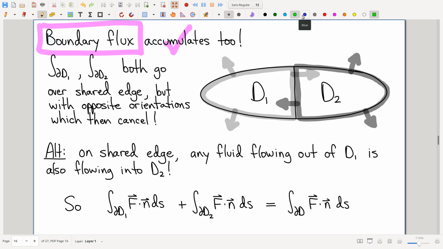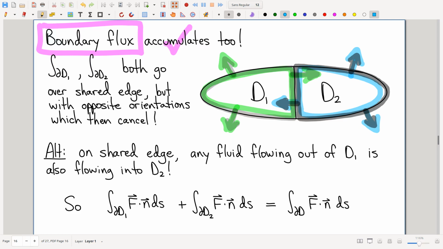So in particular, if I were to look at the outward oriented boundary flux of D1 here, and if I were to look at the, again, outward oriented boundary flux on D2, and outward from D2 is that way. Outward from D1 is that way, right?